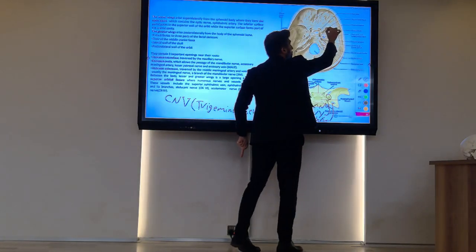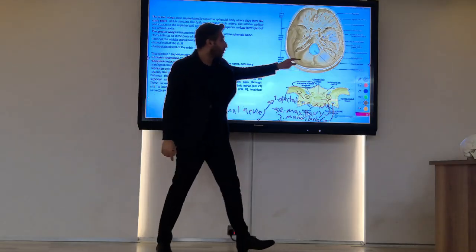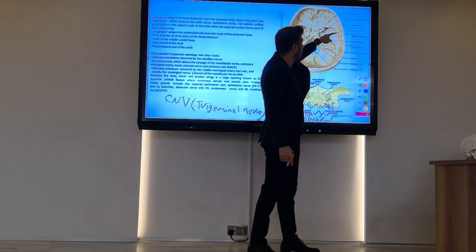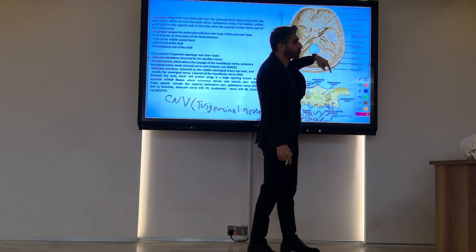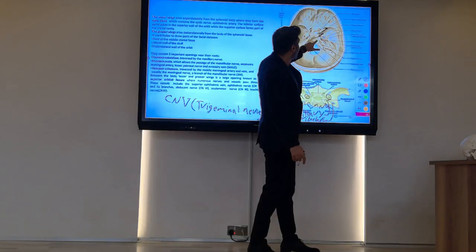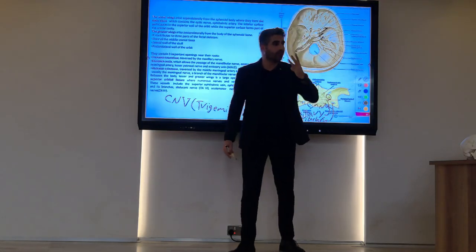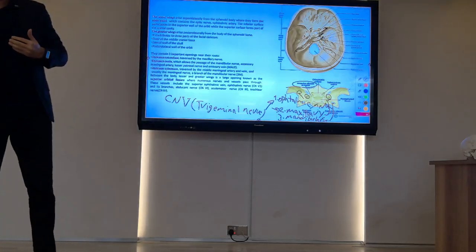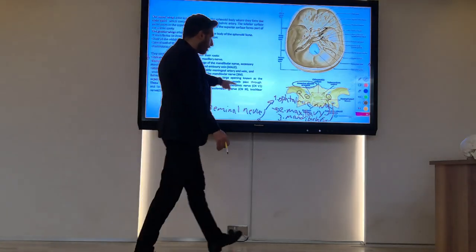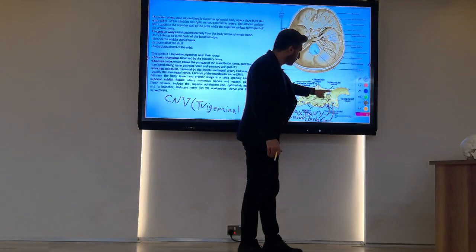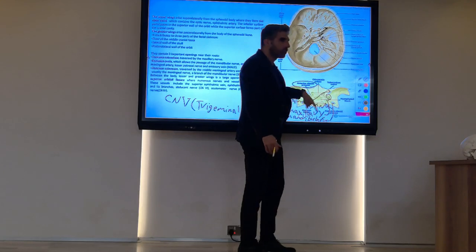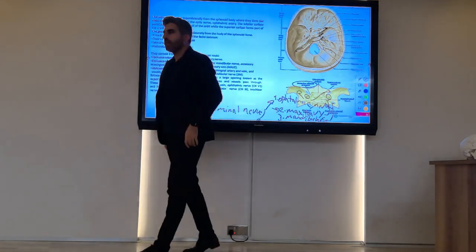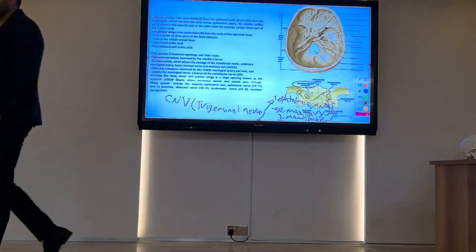Ophthalmic passes through the superior orbital fissure. Maxillary passes through the foramen rotundum, and mandibular passes through the oval foramen. In order from superior to inferior, you can see that: ophthalmic, superior orbital fissure; maxillary, foramen rotundum; and mandibular, oval foramen.